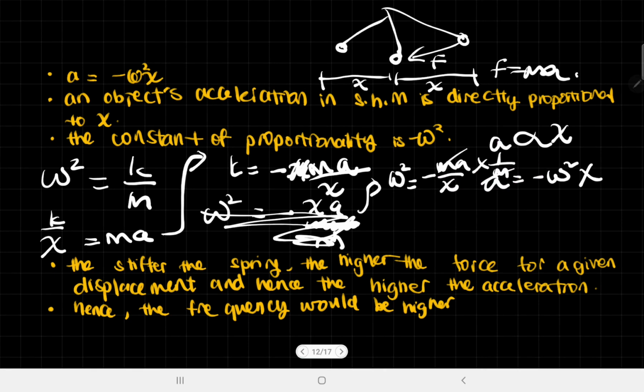We can cross the m's off, and then we're going to get a is negative x omega squared. And then we can show this equation from the previous thing that we did. So yeah, that's how we get that equation.